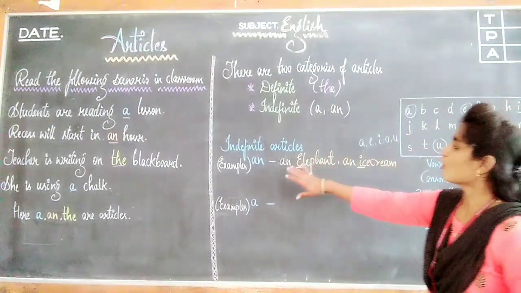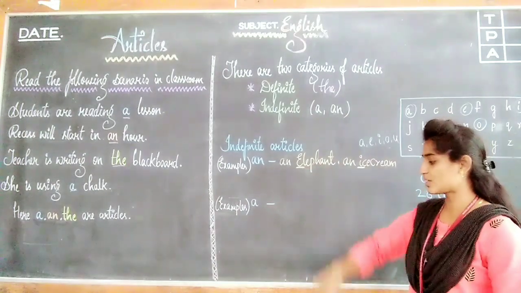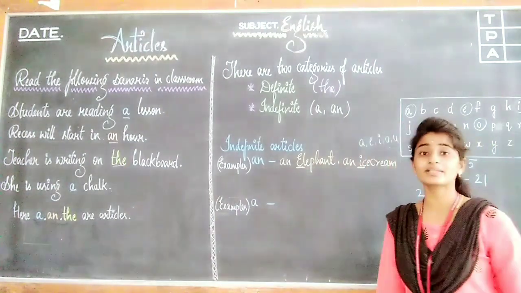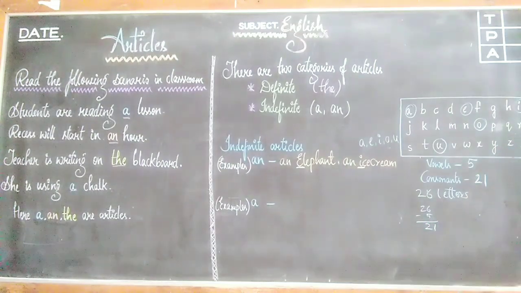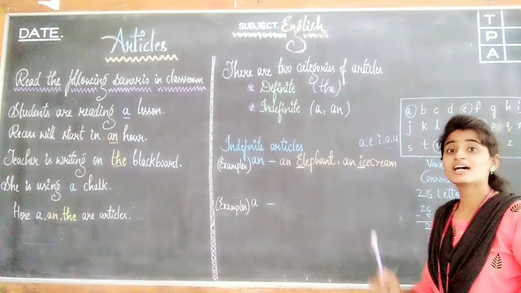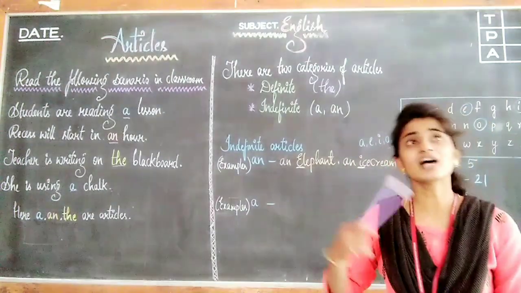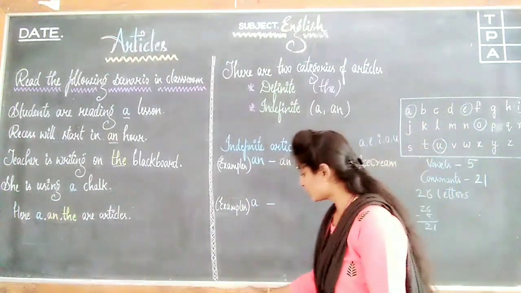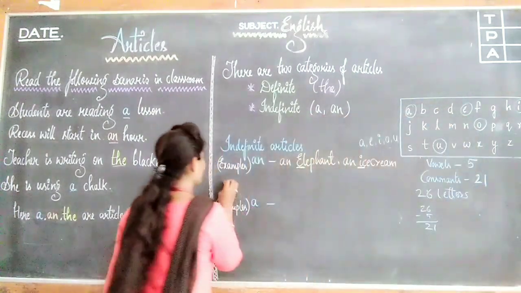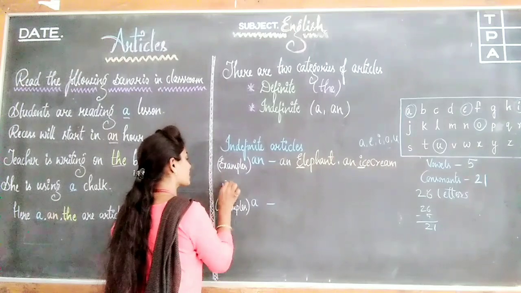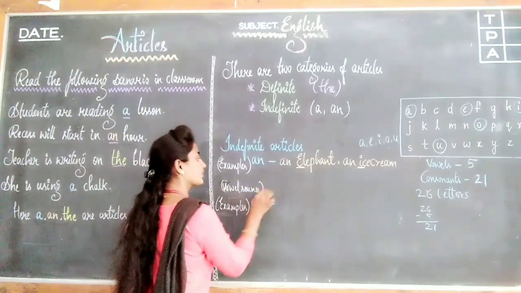It is not only words which begin with a vowel, but sometimes the sounds also differ. Even if a word starts with a consonant but makes a vowel sound, we use the article an. So I'll give an example with the vowel sound. See here.